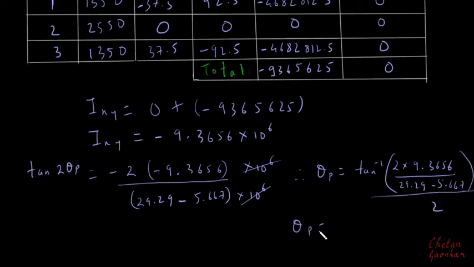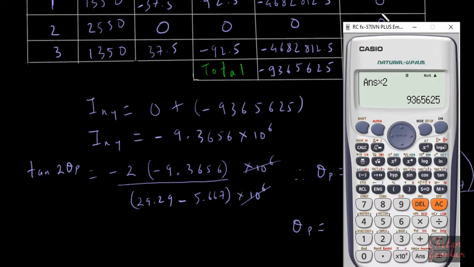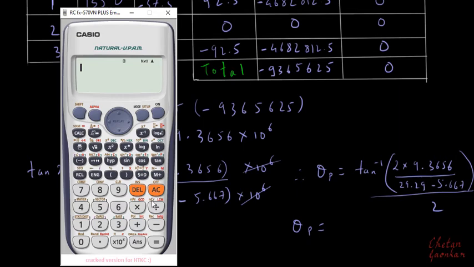So theta p will be equal to tan inverse of, we have shift and tan, so this is tan inverse of 2 multiplied by 9.3656 divided by 29.29 minus 5.667, and if I close this bracket I should get this value as 38.41, and that is divided by 2.